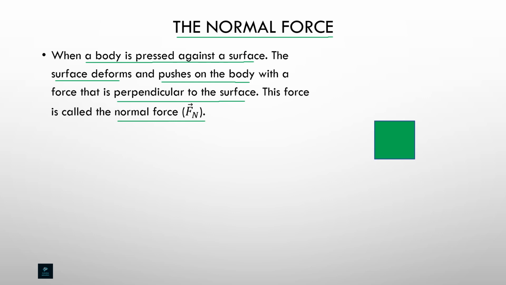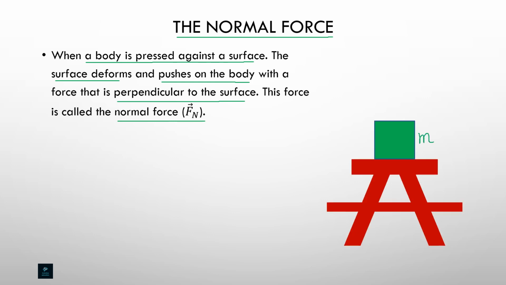Now suppose that we have a body of mass m and it is lying on a surface. This surface may be accelerating or it may not be accelerating. Suppose that it is accelerating in the y direction by ay. This situation occurs when this object is inside a lift which is accelerating in the upward or downward direction.